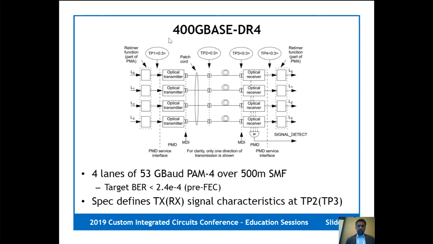And here, again, like I mentioned, the transition to PAM4 has happened on the optical side as well. The target bit rate is slightly different, but of the same order as CEI 56 gig LR. So it's a little over 2 E-4 pre-FEC. So again, the assumption is that we'll have appropriate FEC to improve the overall bit rate or the end-to-end bit rate to 10 power minus 15.